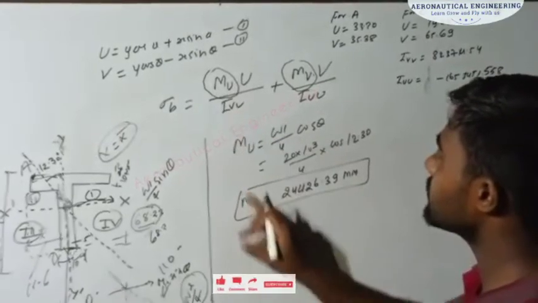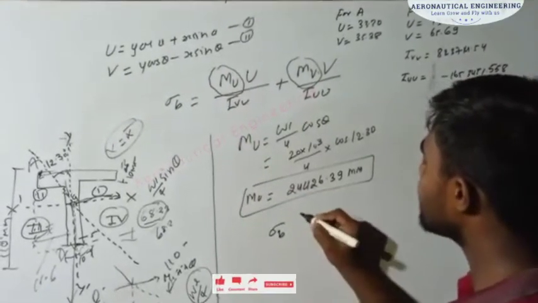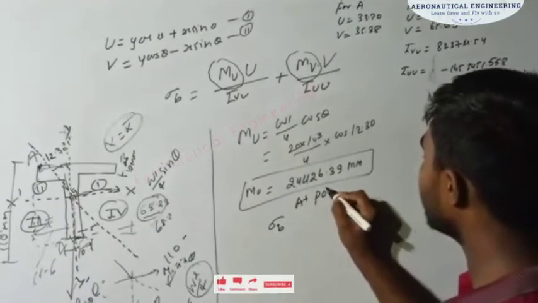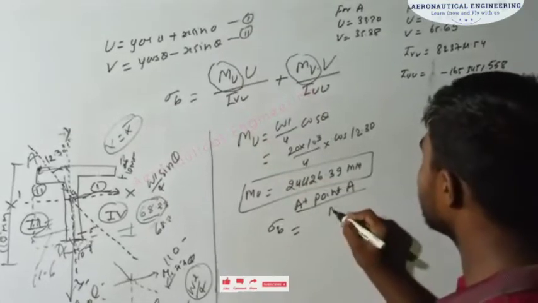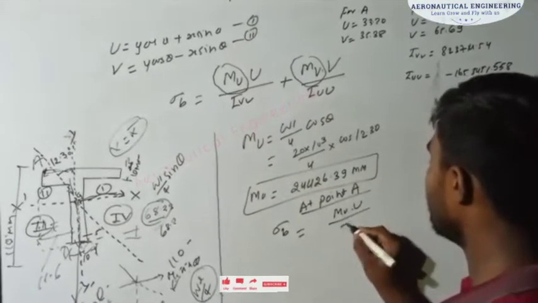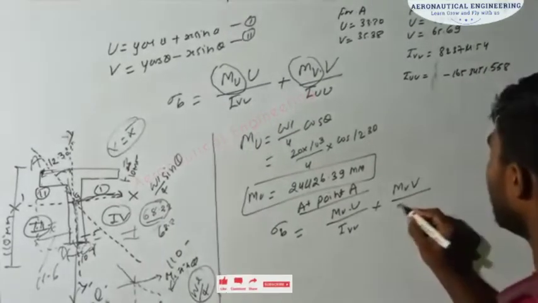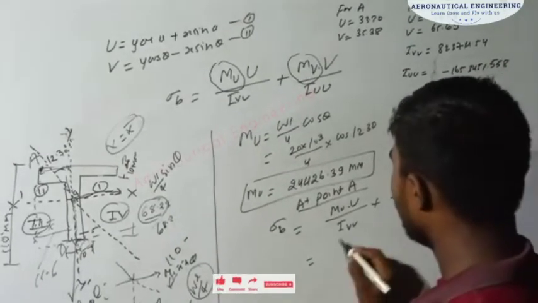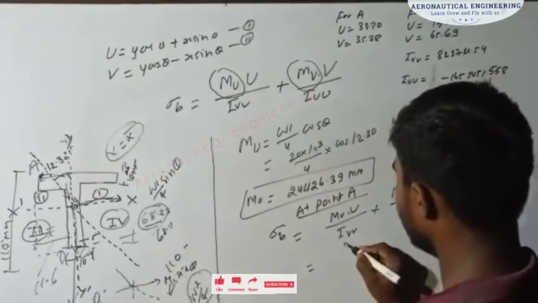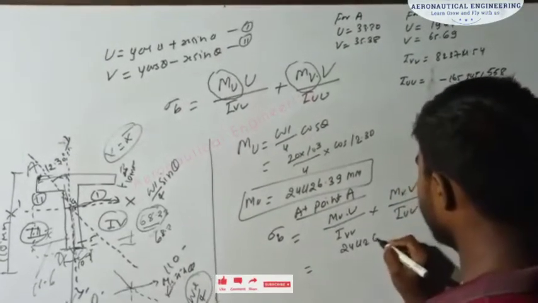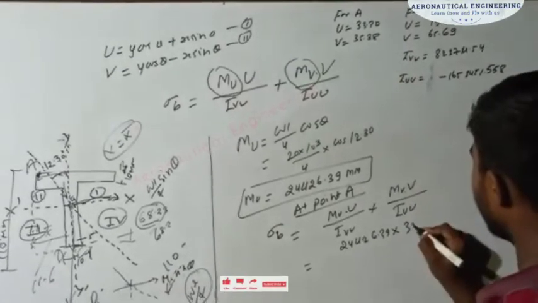So we are going to substitute all these values for calculating bending stress at point A. Sigma b is Mu into u upon Ivv plus Mv into v upon Iuu. We know that Mu value is 24426.39 into u value for point A is 33.30.